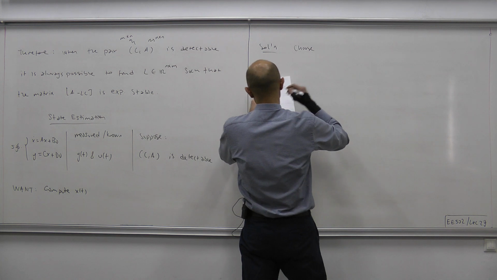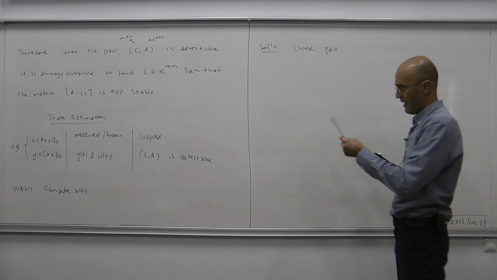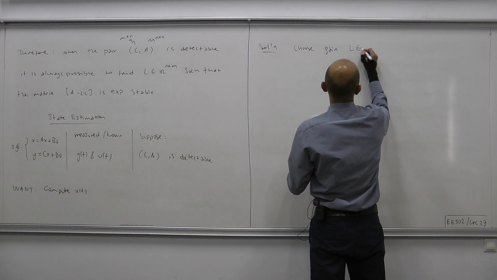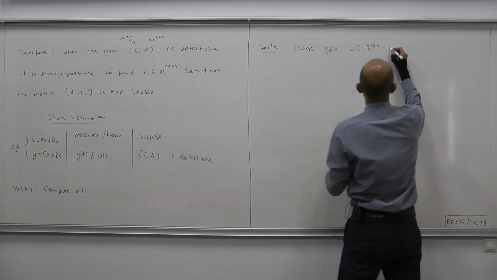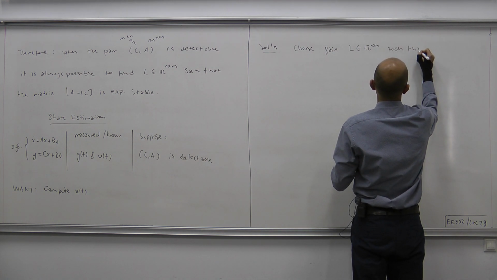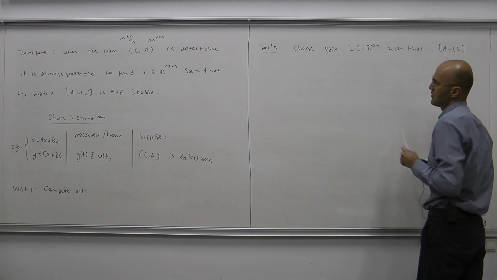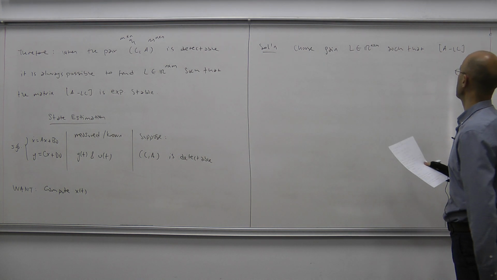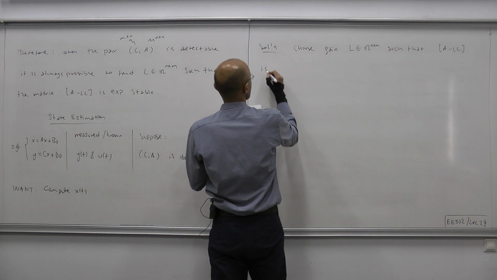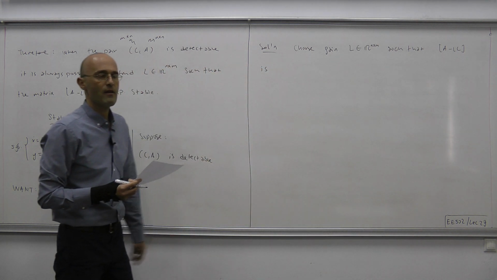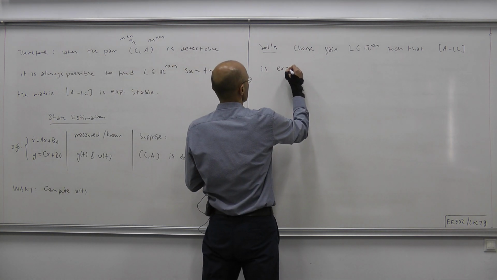Choose the gain, sometimes called observer gain, L, n by m, such that A minus LC has all strictly negative real part eigenvalues. Okay, informally we're going to call that matrix exponentially stable.